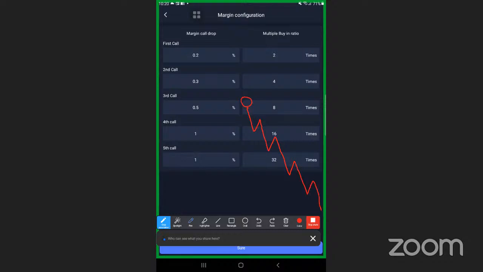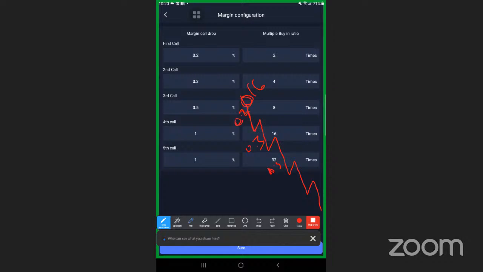So let's assume that this is our 0.2, it has been achieved, the first one. The second one is 0.3. The third one is 0.5.